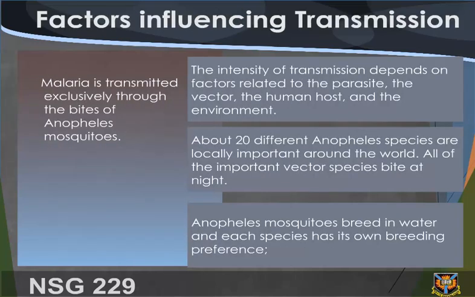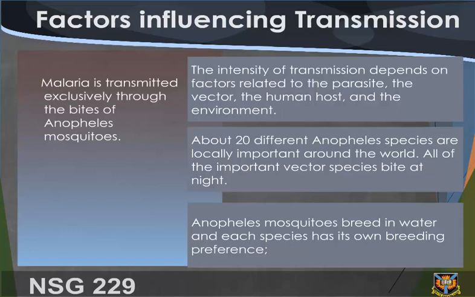Factors influencing transmission. Malaria is transmitted exclusively through the bite of Anopheles mosquitoes. The intensity of transmission depends on factors related to the parasite, the vector, the human host, and the environment. About 20 different Anopheles species are locally important around the world.